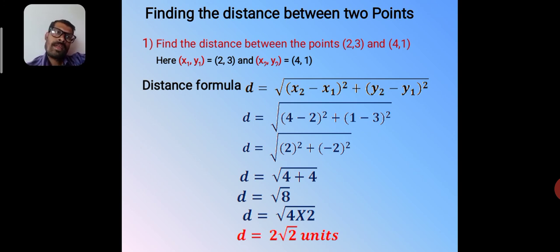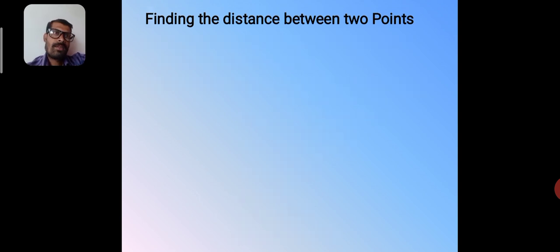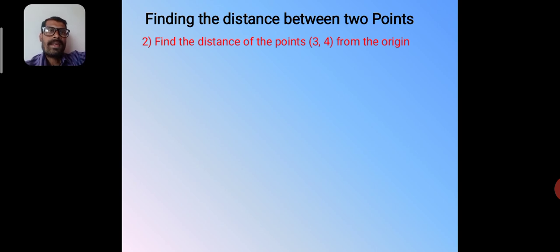Similarly, we shall solve one more problem, where the point is measured from the origin. Find the distance of the point (3, 4) from the origin. Here we have to find the distance from the origin of this point (3, 4). So here (x, y) is given by (3, 4).